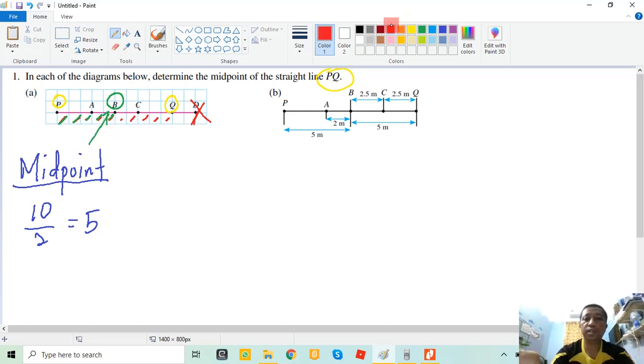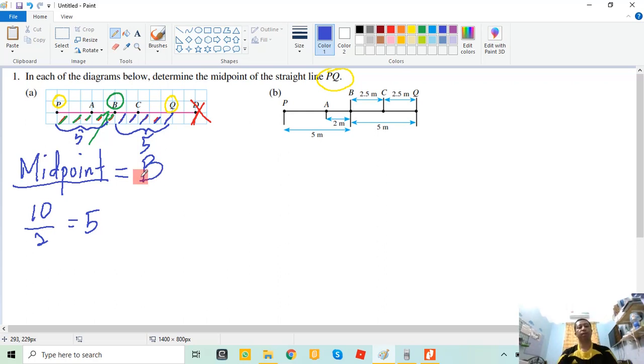Okay. If we try to count from Q, 1, 2, 3, 4, 5, also same. Therefore, PB is 5 units, BQ also 5 units, and point B is the midpoint. So if you can write here, midpoint equal to point B. Midpoint, the answer is B.